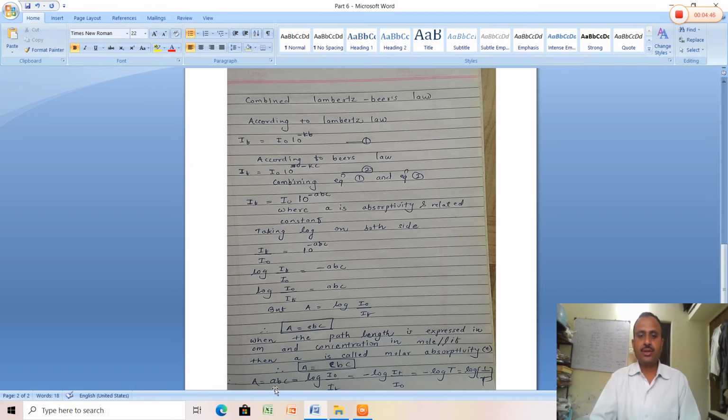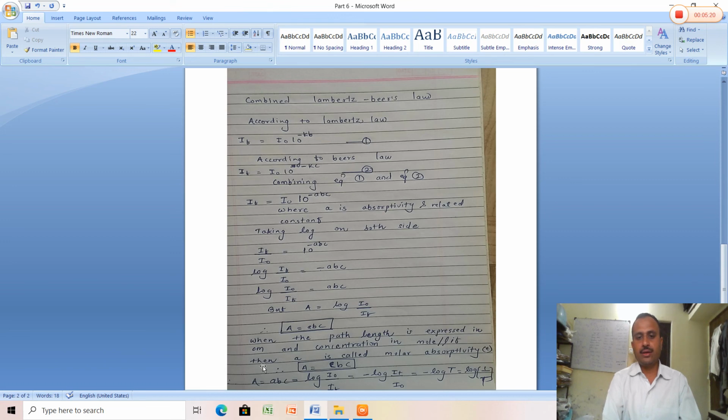Now if we remove the negative sign, I0 becomes It and It becomes I0. So naturally numerator becomes denominator and denominator becomes numerator. So A is equal to minus log of It upon I0, which is equal to minus log of T, where capital T is transmittance. So A is equal to minus log of T, which is equal to log of 1 upon T.